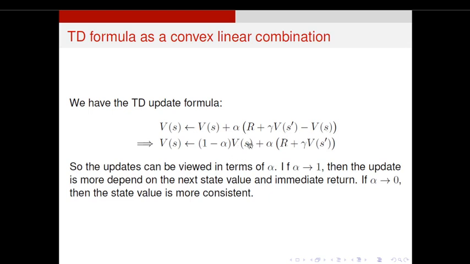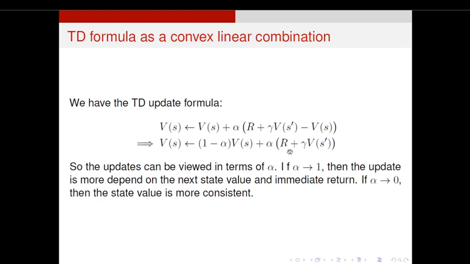1 minus alpha into V(S) plus alpha into R plus gamma V(S'). R plus gamma V(S') is our temporal difference target in one step. Now look at this expression in terms of alpha.